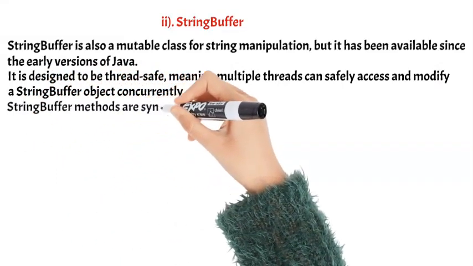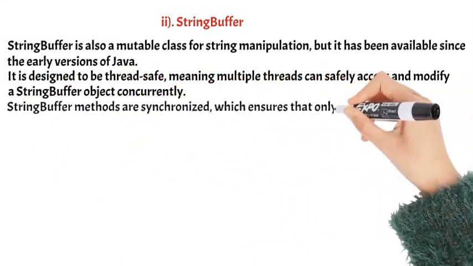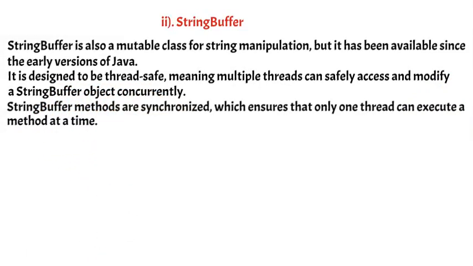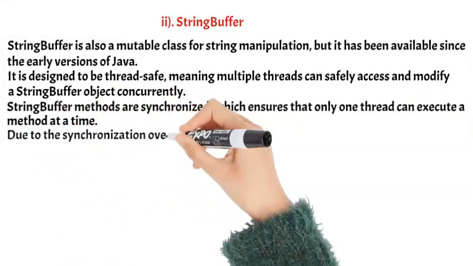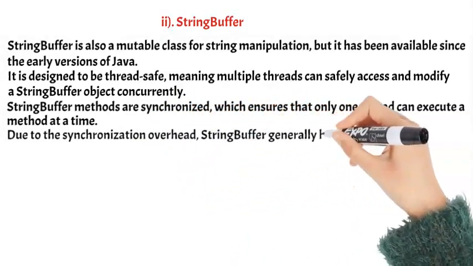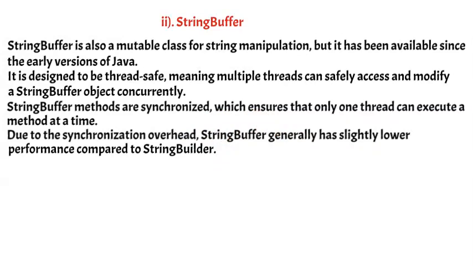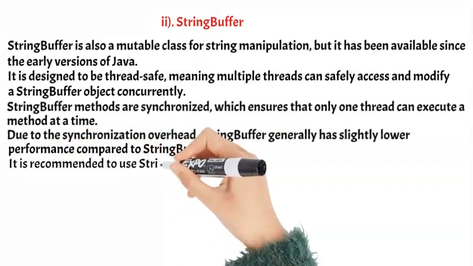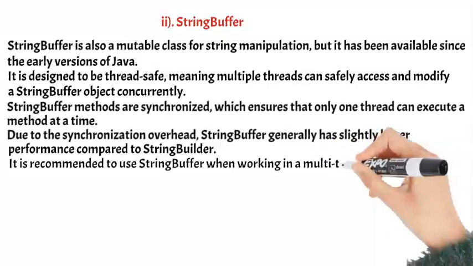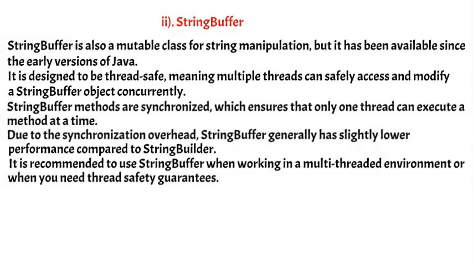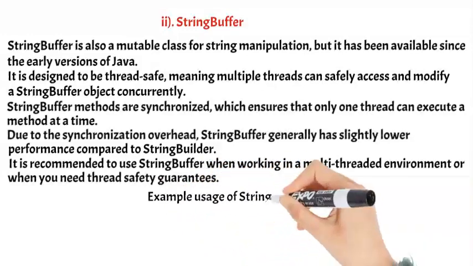StringBuffer methods are synchronized, which ensures that only one thread can execute a method at a time. Due to the synchronization overhead, StringBuffer generally has slightly lower performance compared to StringBuilder. It is recommended to use StringBuffer when working in a multi-threaded environment or when you need thread safety guarantees. Example usage of StringBuffer.